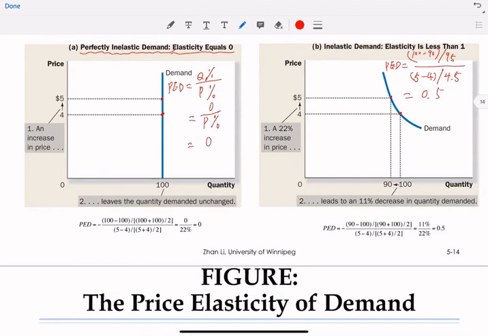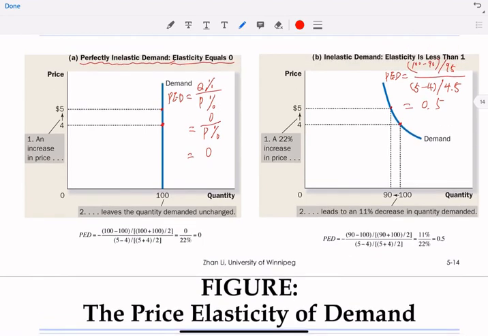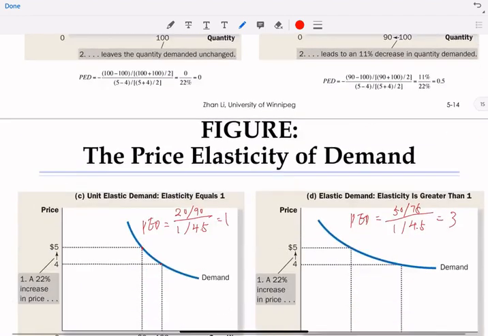Now, if you relate elasticity to the slope of the demand curve, you will actually observe a certain pattern here. First, you can see that for the first picture, it's vertical, right? And you get a 0 elasticity. And now let's see graph B. You can see that the demand curve is still quite steep, and you get 0.5 elasticity.